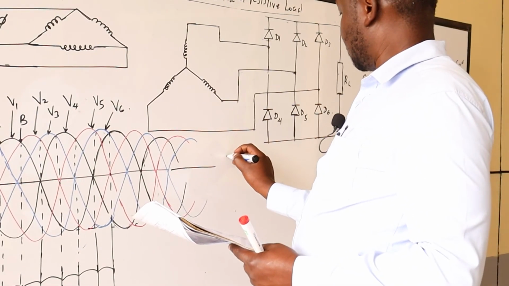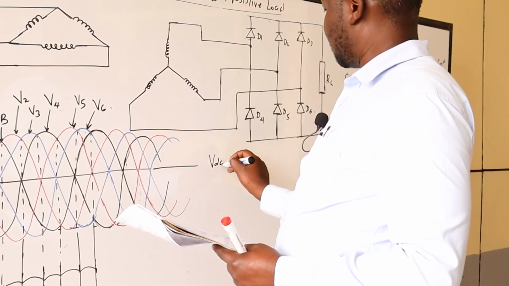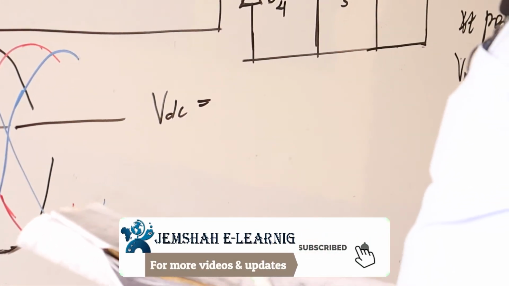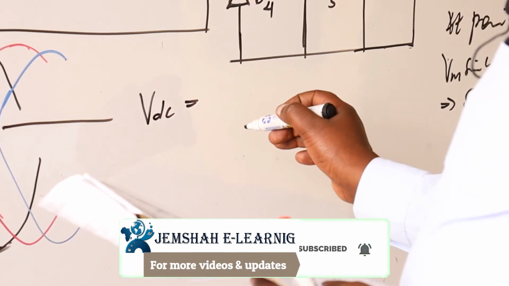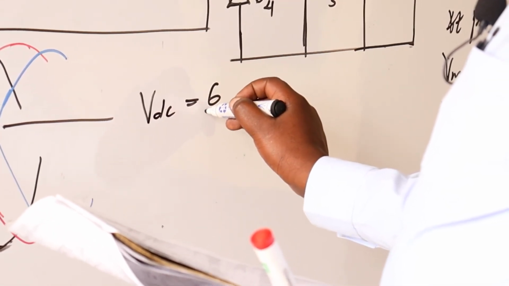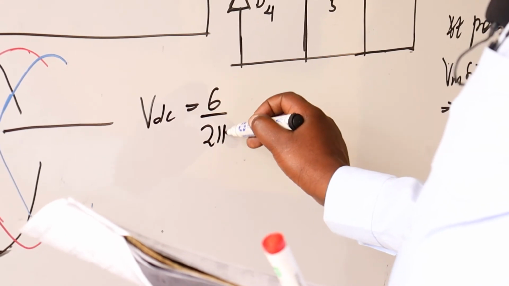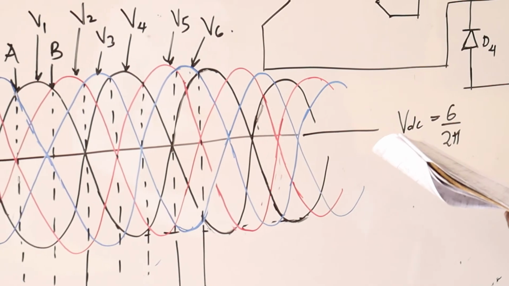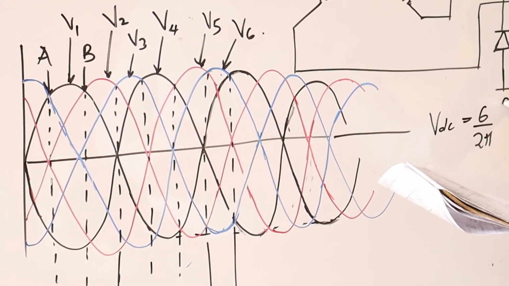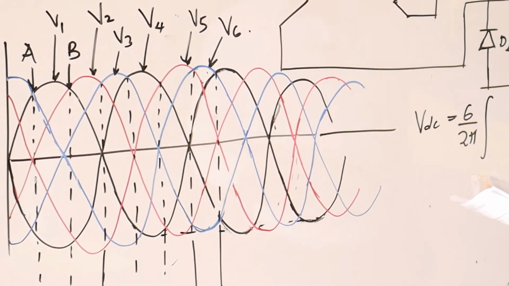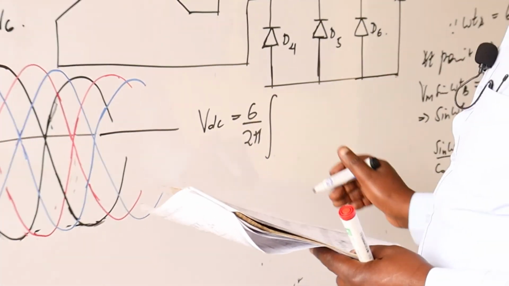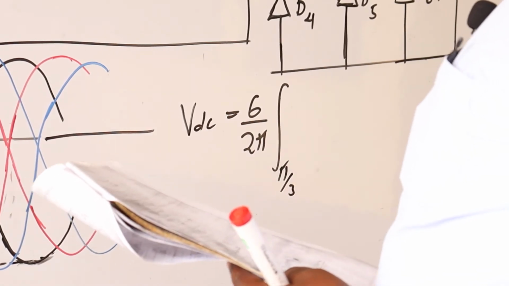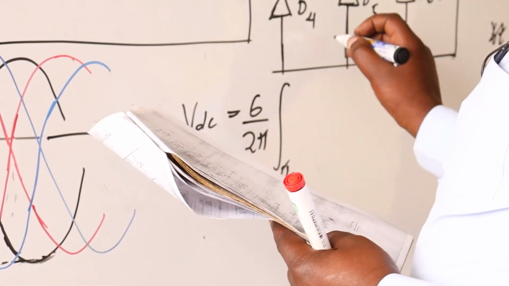So VDC will be given by 6 all over 2 pi. You can see you have 6 voltages. The integral from pi over 3 to 2 pi over 3.